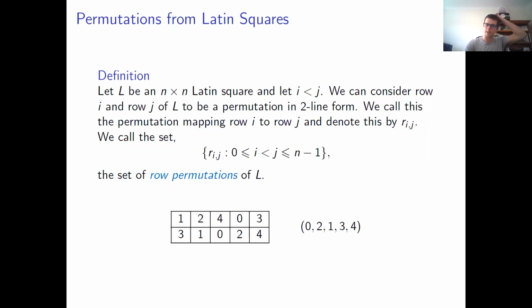So just an example, on the left, this is row 0 and row 1 of the previous Latin square. Considering that as a 2-line permutation, that is the permutation R01 of that square, which in cycle notation is the 5-cycle on the right.